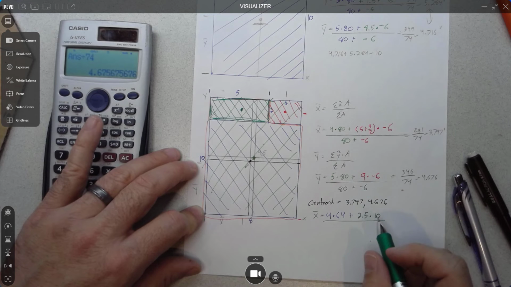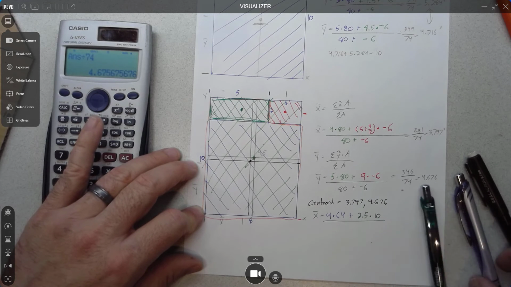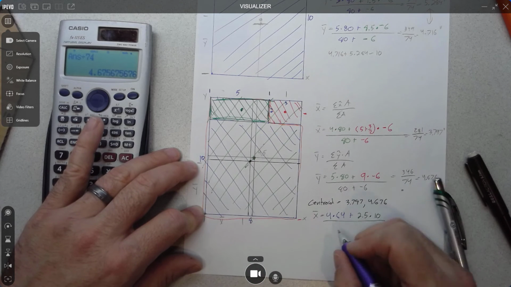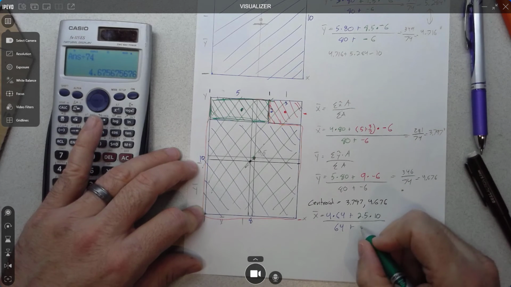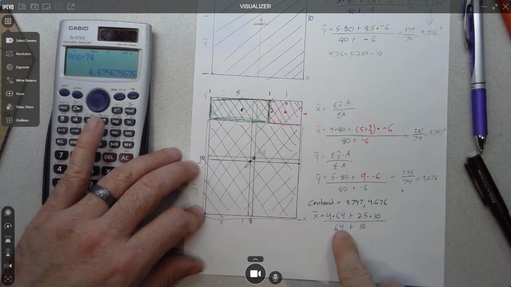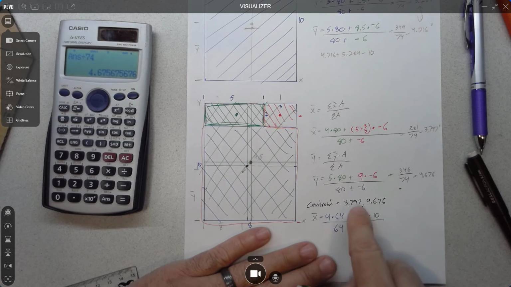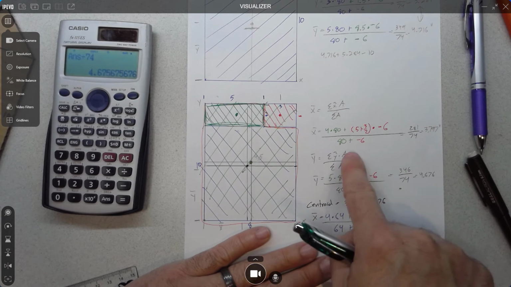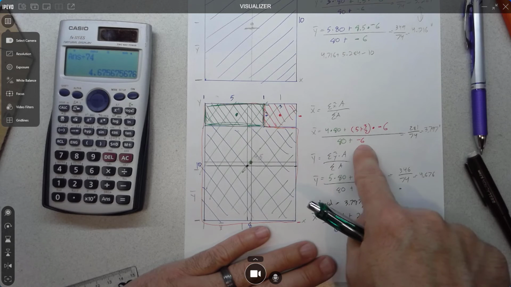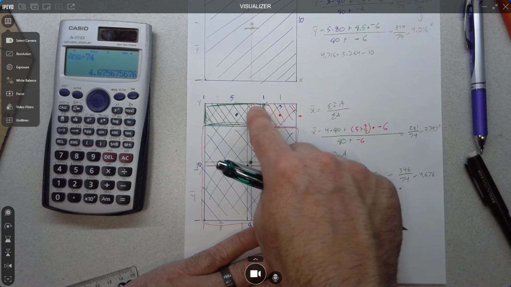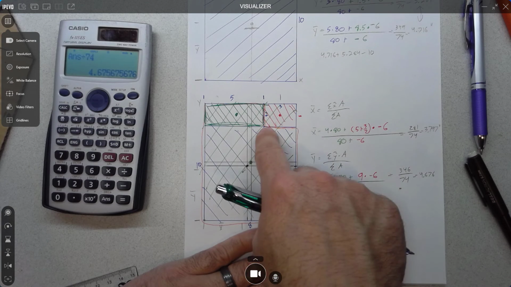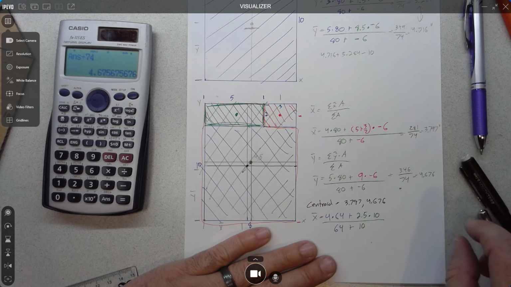And now for the bottom, it's just the sum of the areas. So the area of the bottom is 8 by 8, so 64, plus the area of the top, which was 10. And you'll see that on the bottom we're coming up with the same number as before, right? It's 74. Whether we get to it by 80 minus 6 or 64 plus 10, that number should be the same because it's the actual area of the composite shape we're looking at.